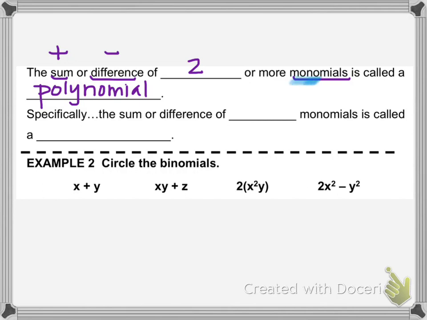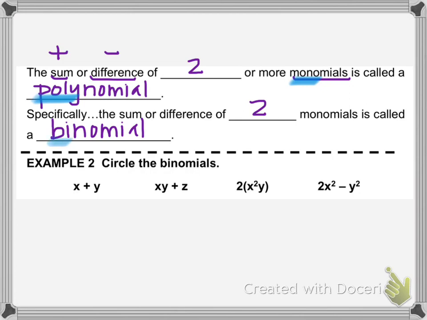The prefix mono means one term. The prefix poly means many. So 2 or more monomials together is many monomials, so together it'd be called a polynomial. Okay, now if my polynomial is the sum or difference of exactly 2 monomials, the prefix for 2 is bi. It's called a binomial.